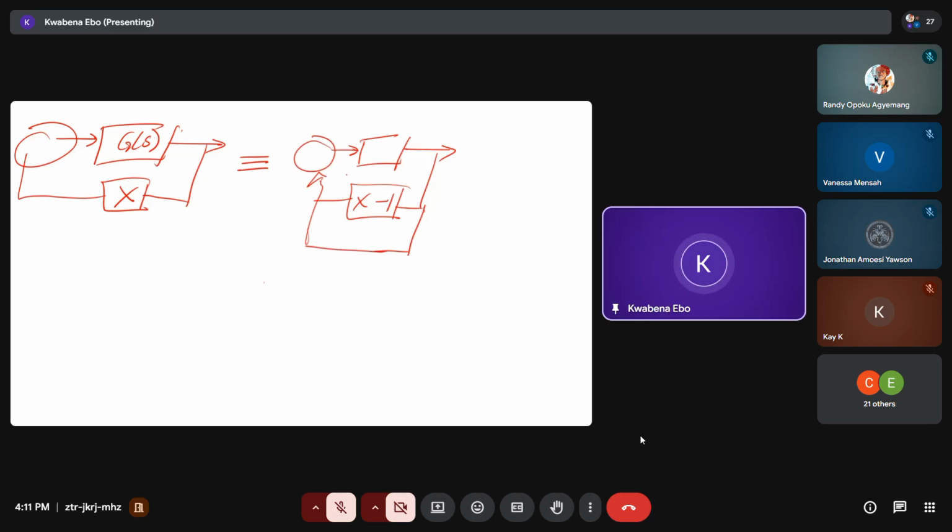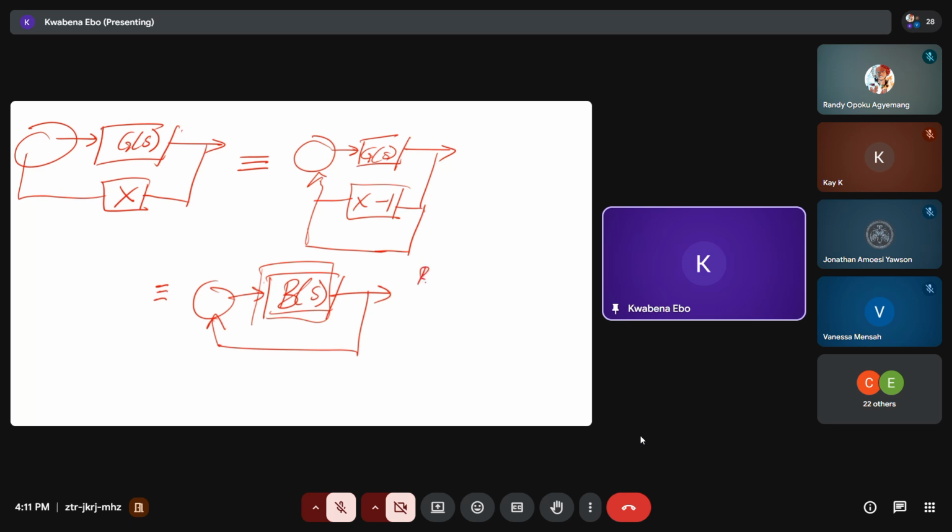So now we have this, and then we change this to a system looking like this. Let me call this B of S, where this B of S is the feedback of G of S and X minus 1.